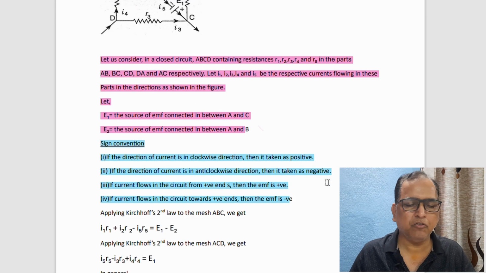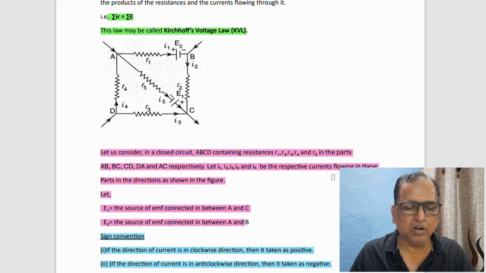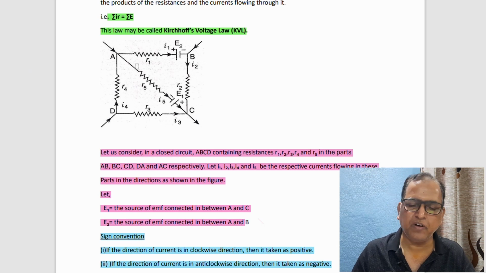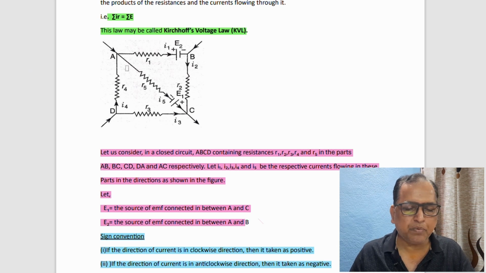Sign convention: if the current is in the clockwise direction, it is taken as positive; if anticlockwise, it is negative.